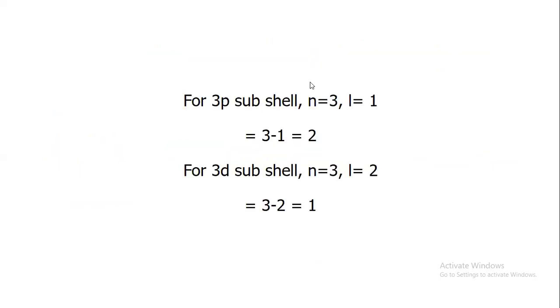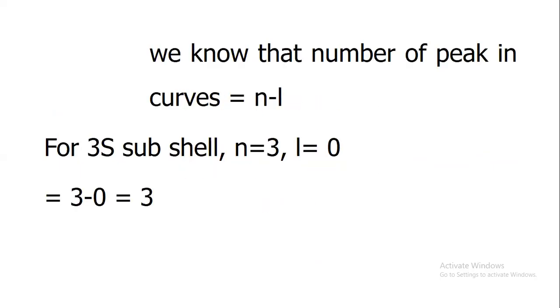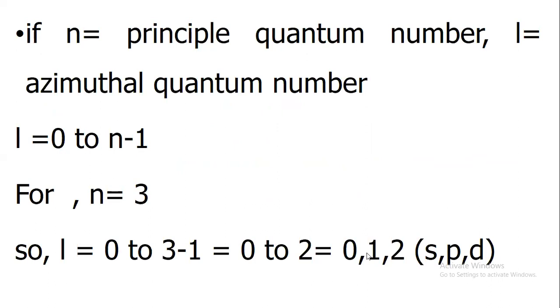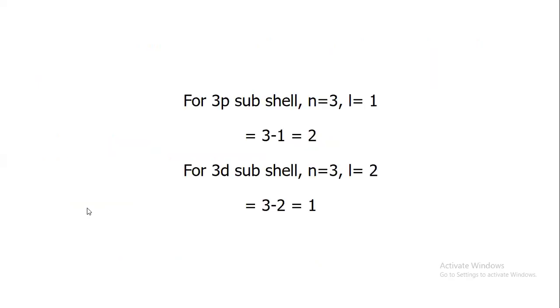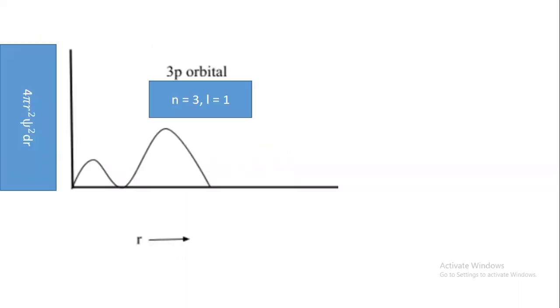We know that the number of peaks in the curves is n minus L. For 3s, n equal to 3, L equal to 0, so 3 minus 0, 3. For 3p, n equal to 3, L equal to 1, so 2 peaks. For 3d, n equal to 3, L equal to 2, so 3 minus 2, 1 peak.